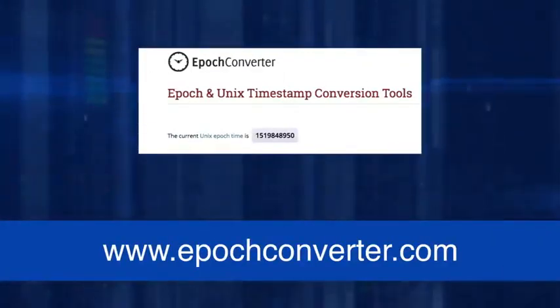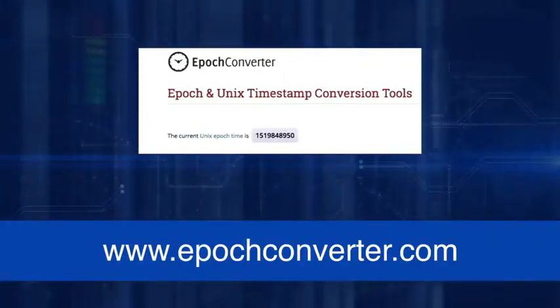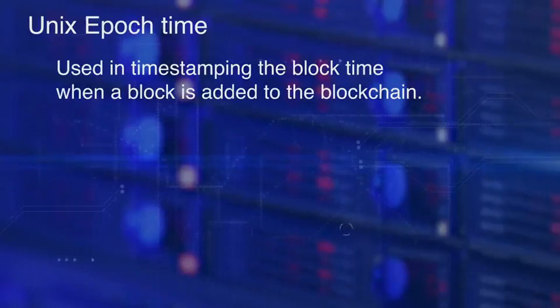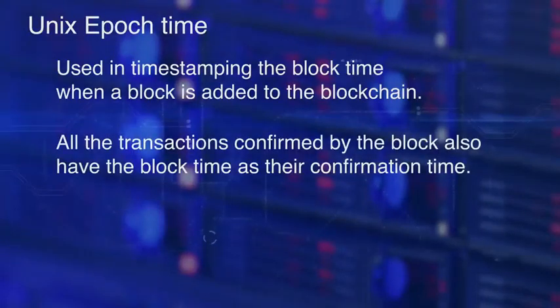See this link for a sample conversion of a real date time to Unix epoch time. This time is used in timestamping the block time when a block is added to the blockchain. All the transactions confirmed by the block also have the same block time as their confirmation time.